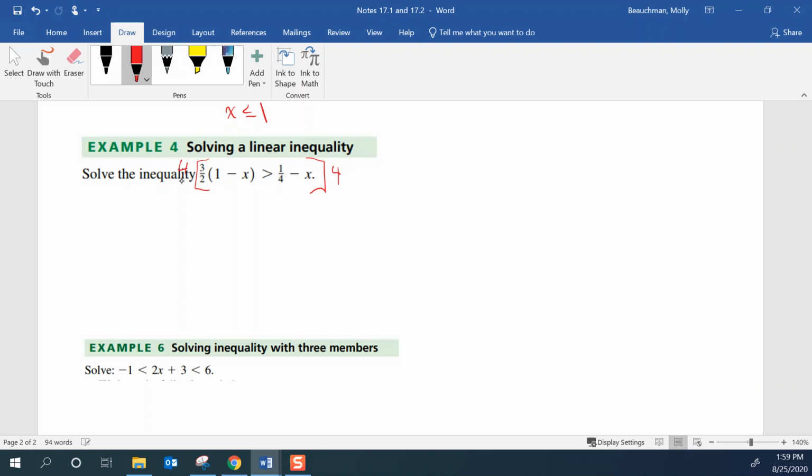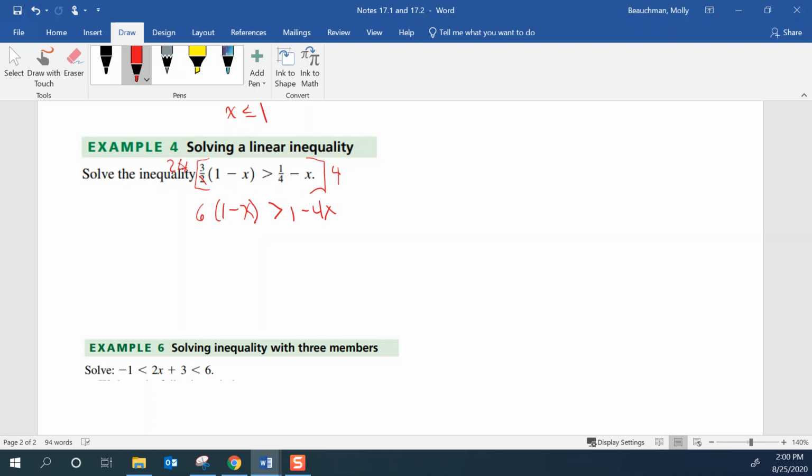So if we take 4 times 3 halves, this isn't true just for inequalities, this is for any sort of equation. We get 2 times 3 is 6 times 1 minus x is greater than 1/4 times 4 is 1 minus 4x.